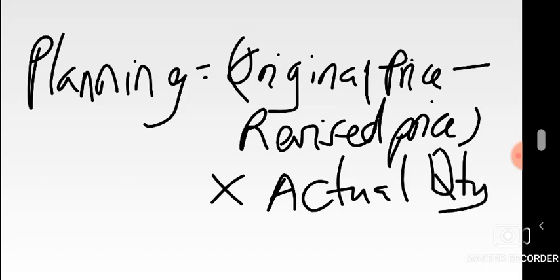So original price or original budget minus revised budget, which we are going to multiply by the actual quantity.